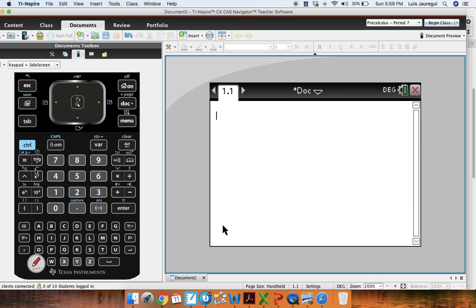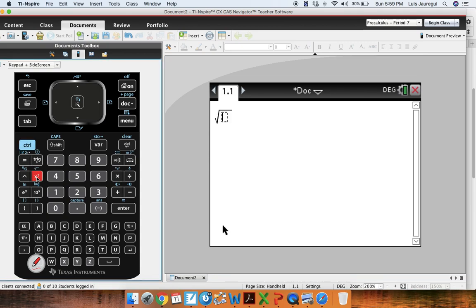Square root is here in blue, so I need to hit control first, so control x squared, and then we're going to have 19 squared plus 24 squared, then minus 2 times 19 times 24 times the cosine.